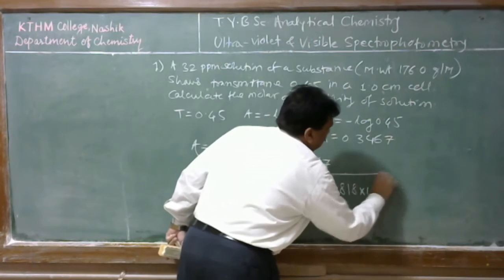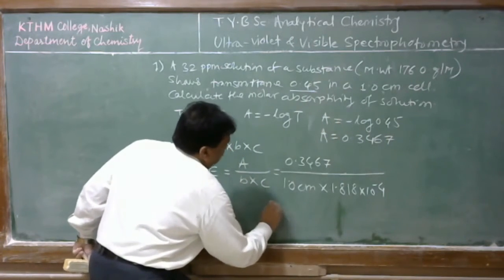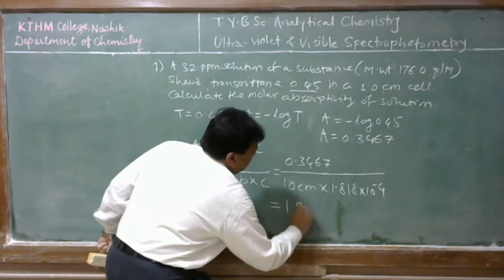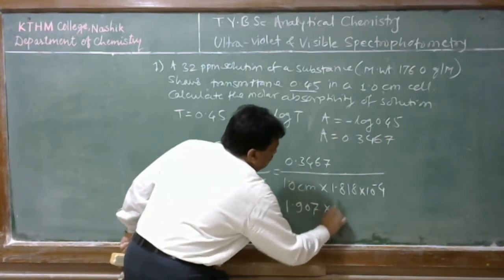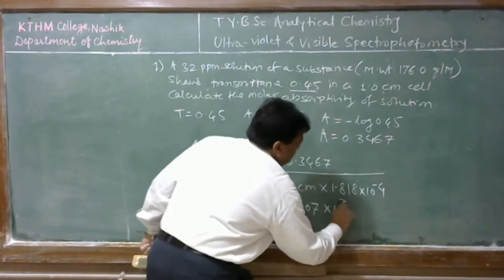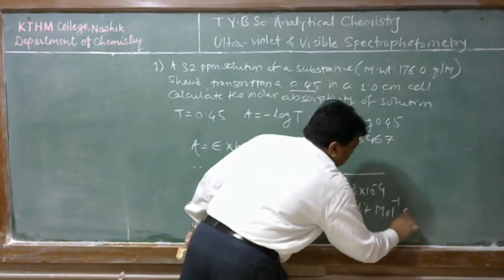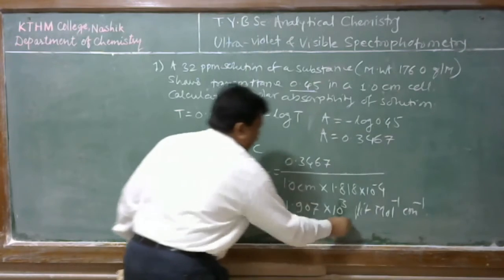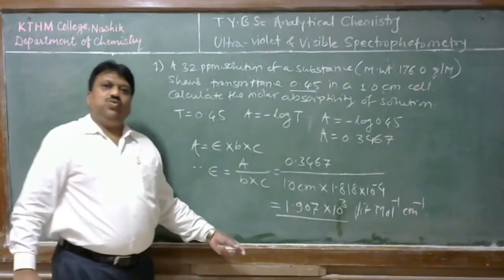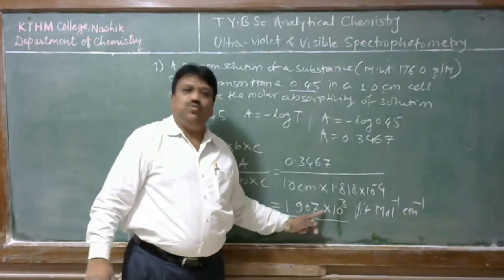When we calculate all this, we have a value equal to 1.907 into 10 raised to 3 liter per mole per centimeter.